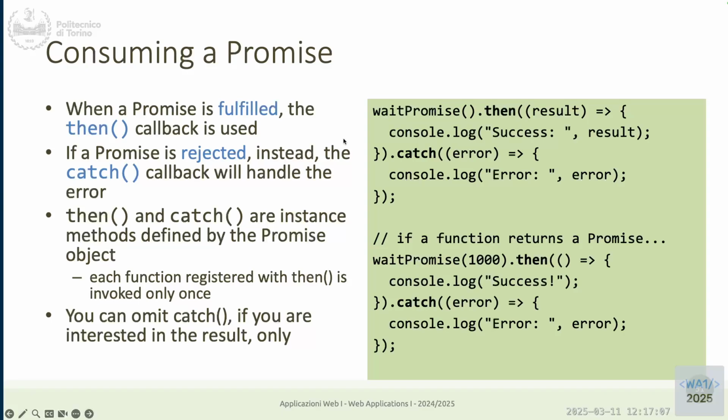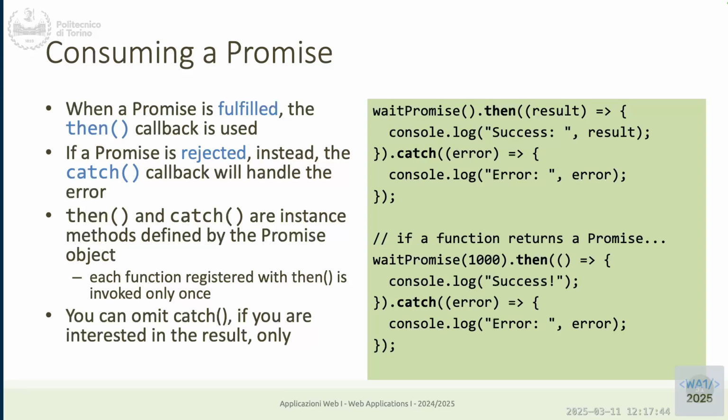The promise callback has two parameters, resolve and reject. But the promise is an object, and as an object, it has its own methods. The promise object has one method called then, and one method called catch. And these methods receive callbacks that are called with the argument of resolve or with the argument of reject, respectively.